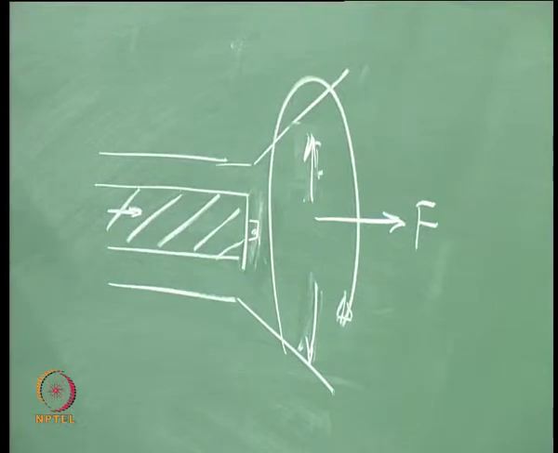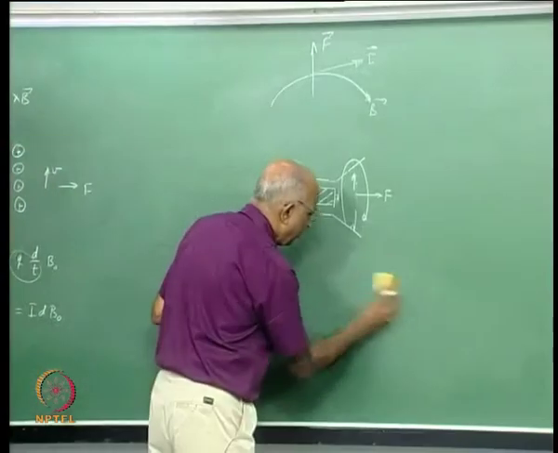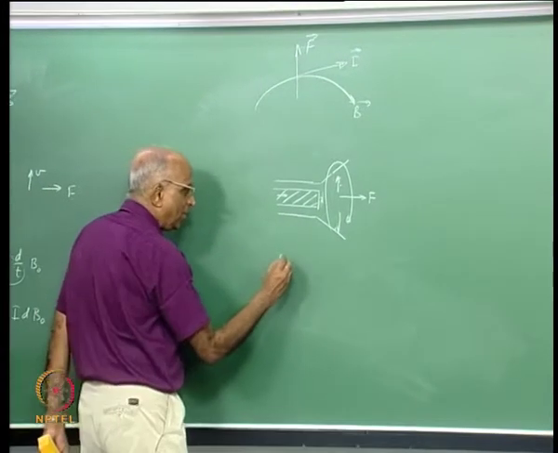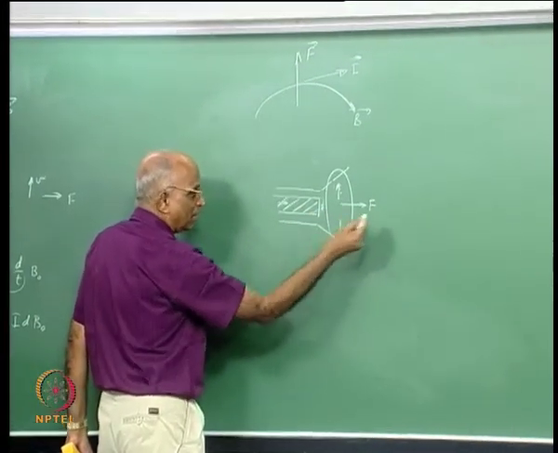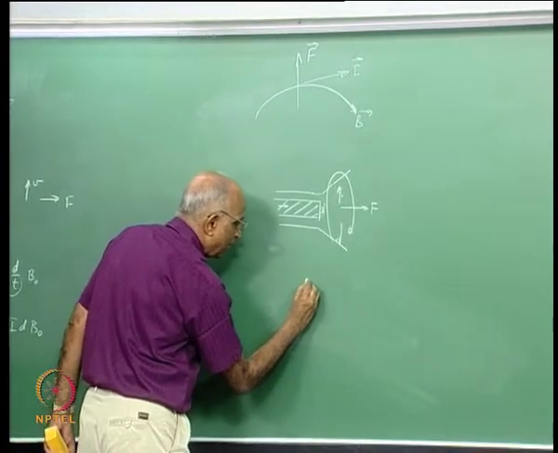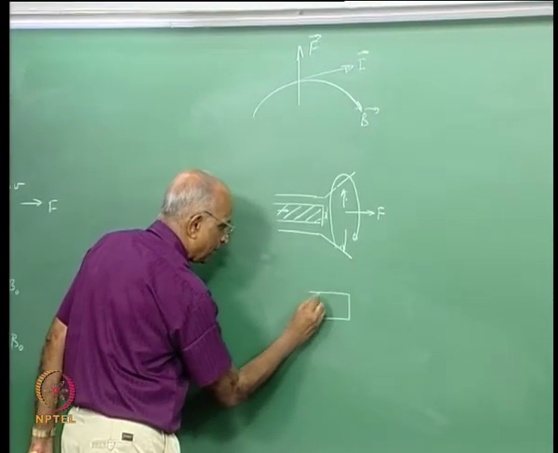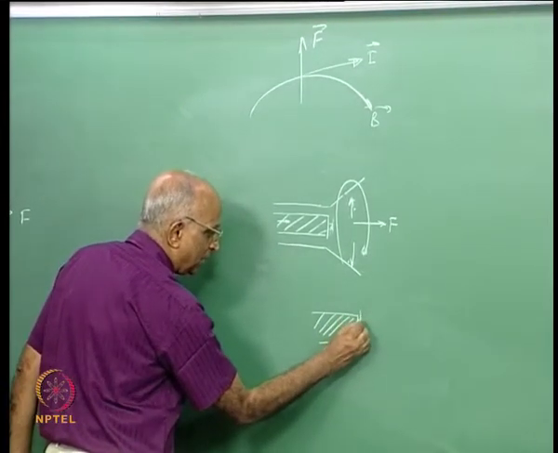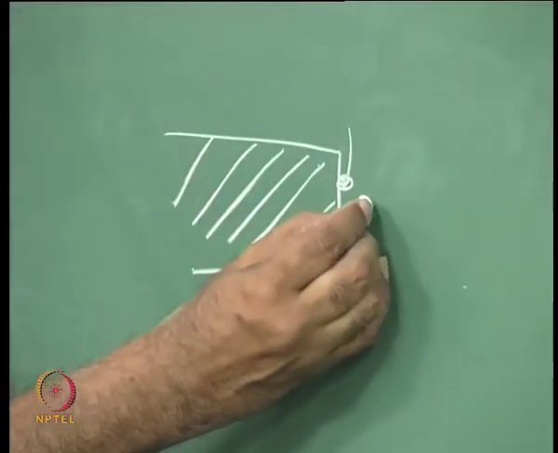Well, one development which IIT Kanpur is working on is this: instead of having the thruster in this particular direction, why not have a material like Teflon, and I put an electrical spark here and therefore generate a plasma.